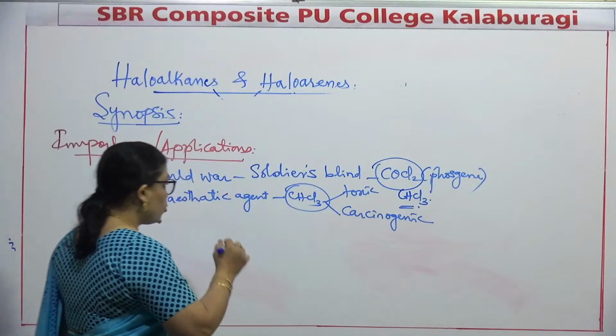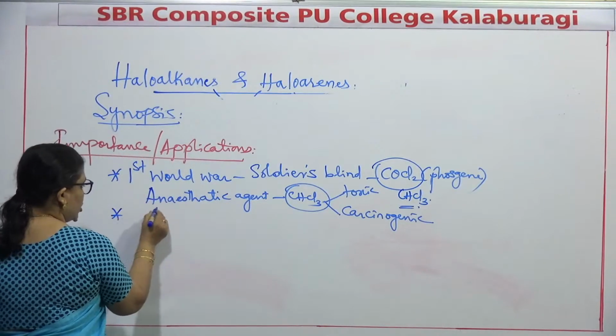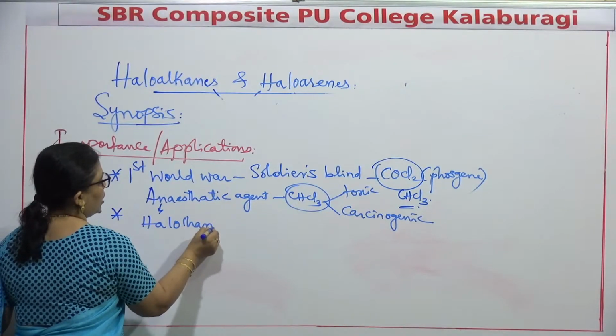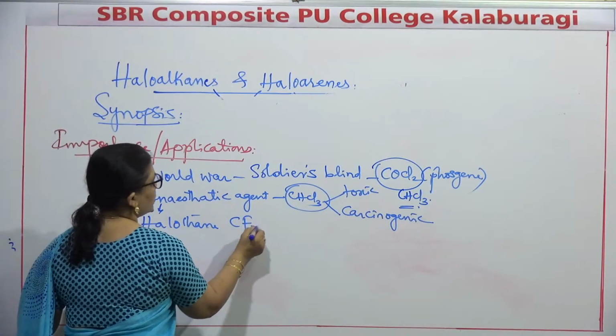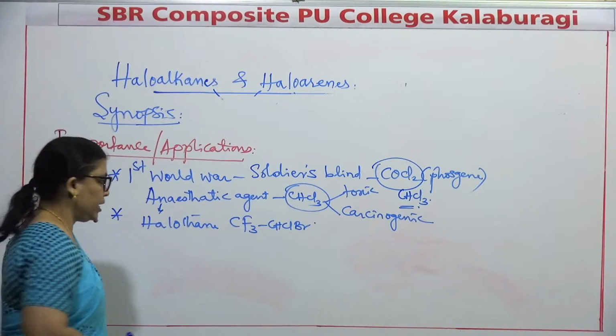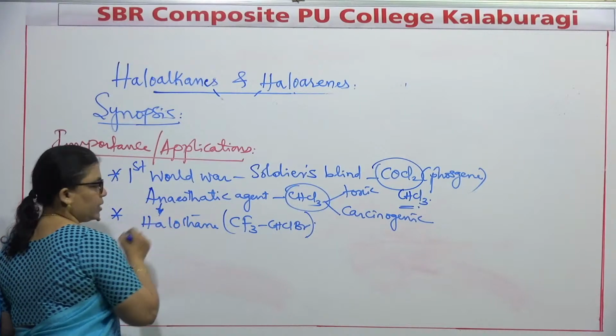That's why chloroform has been replaced by another anesthetic agent, halothane. What is halothane? CF3CHClBr. Halothane is used as an anesthetic agent.